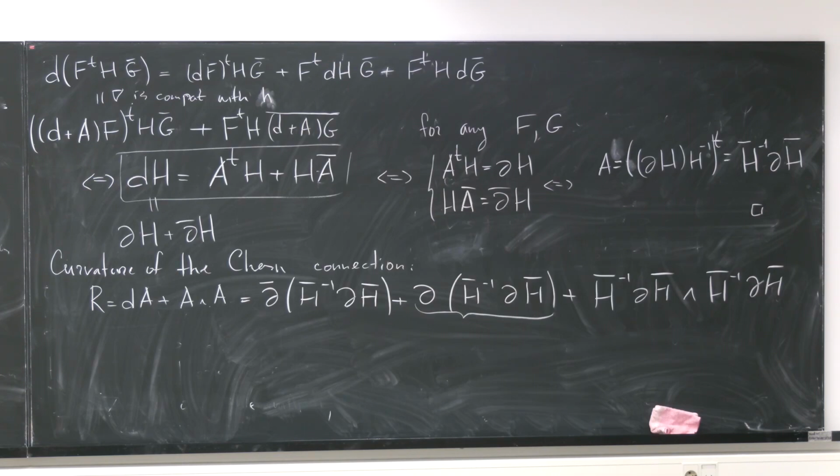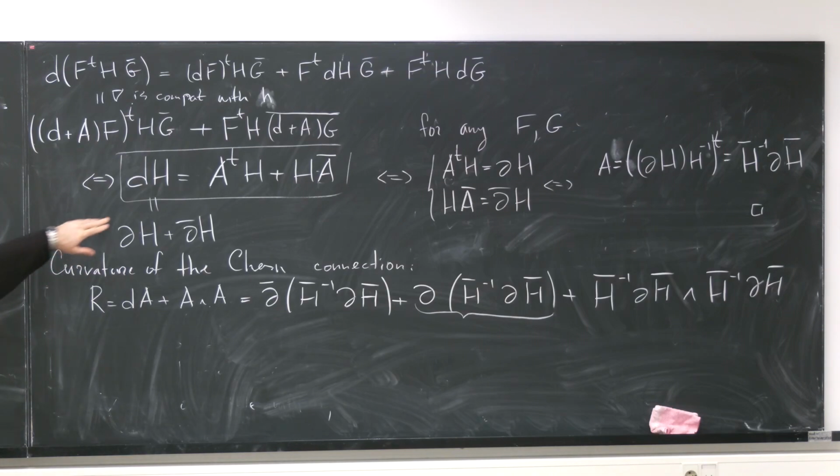And it consists of (1,0) forms. So this H is a matrix of just some functions. Right, so if we just assume that nabla is compatible just with Hermitian metric, does it automatically imply that it is compatible with holomorphic structure? No, it doesn't, because these are just two conditions.